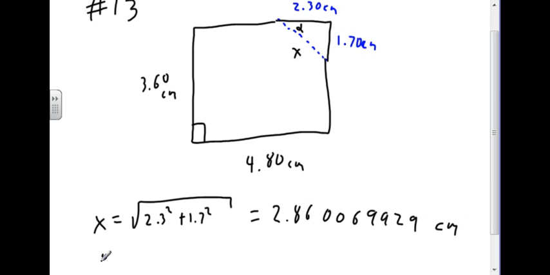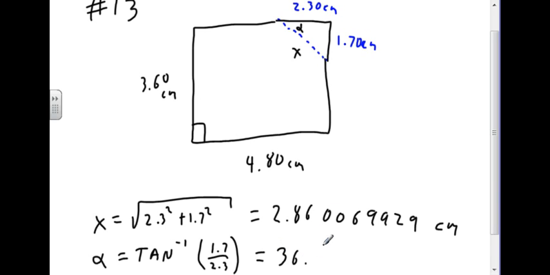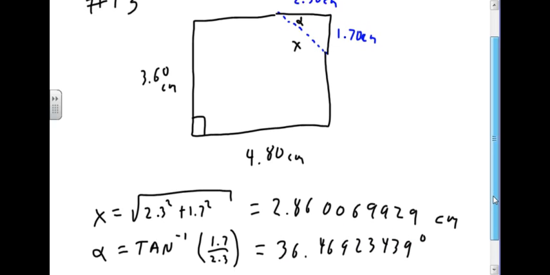And then theta is going to be the arctangent of the opposite, 1.7 divided by 2.3. Arctangent of 1.7 divided by 2.3, and I get 36.4692339 degrees.